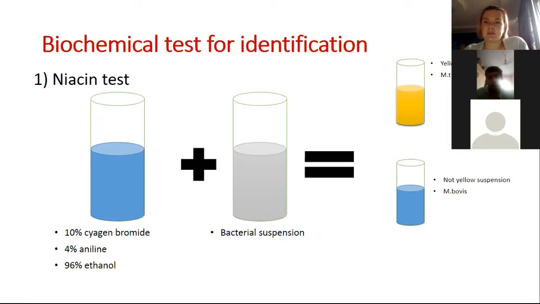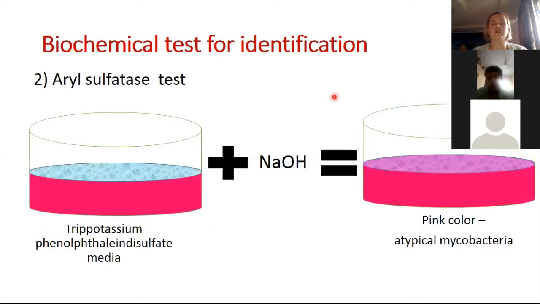Next test. Arylsulfatase test. When you cultivate the tuberculosis bacilli, after 21 days, for differentiation of pathogenic and non-pathogenic Mycobacteria, you should add sodium hydroxide.